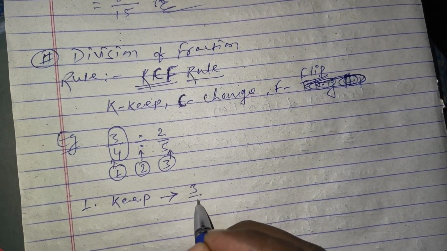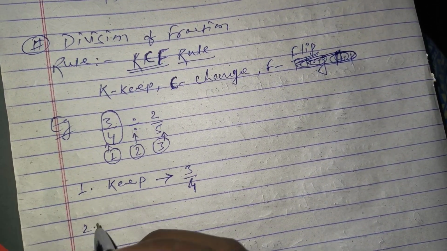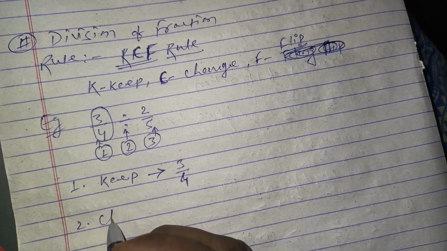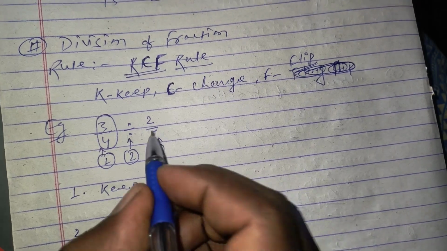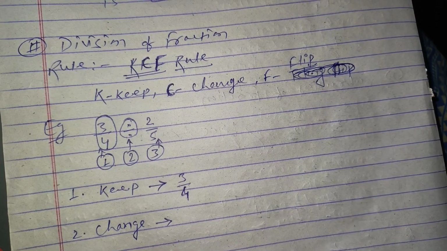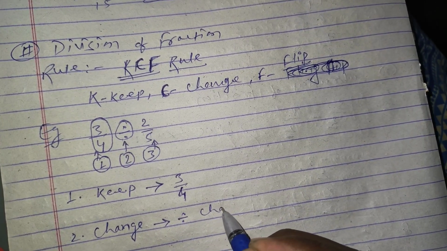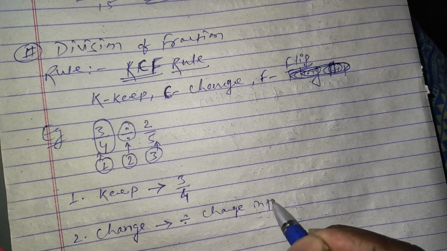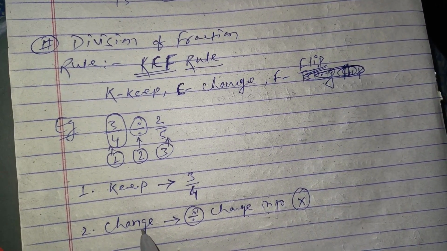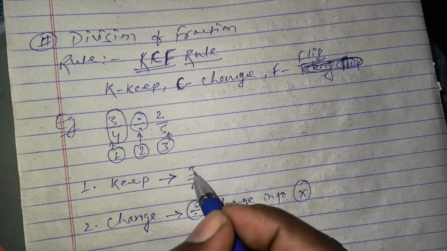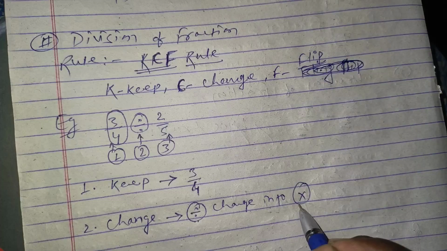The second rule is change: the sign is changed. So divide is changed into multiplication. First is keep the same, second is change the division sign into multiplication.